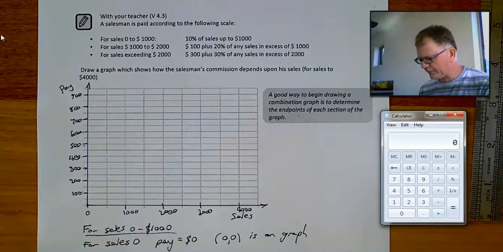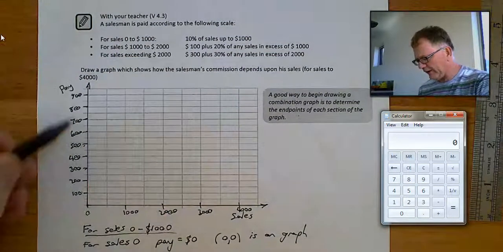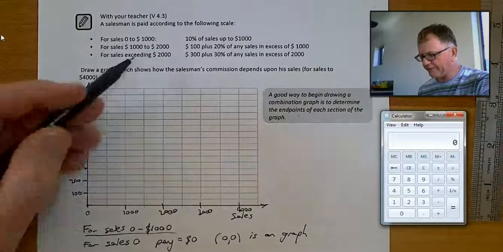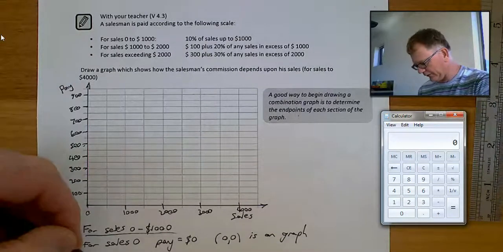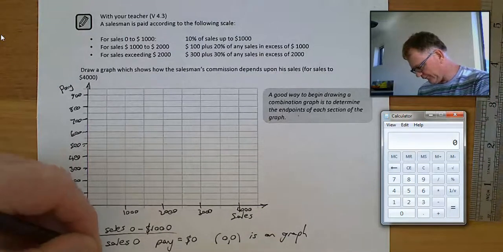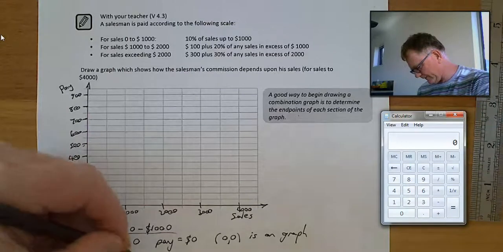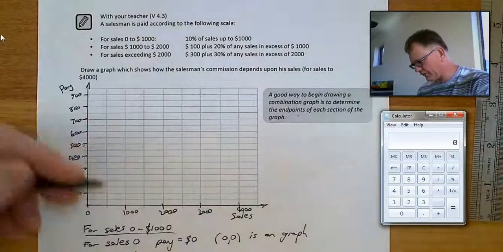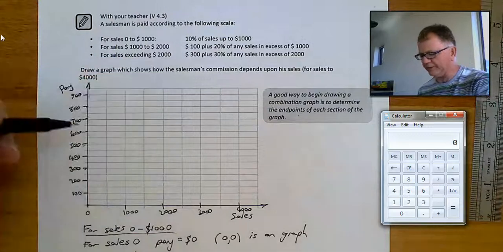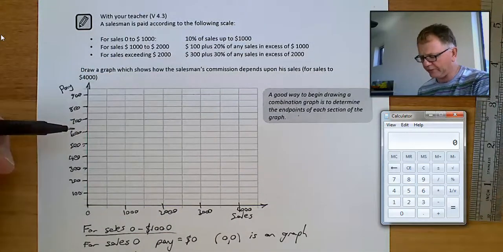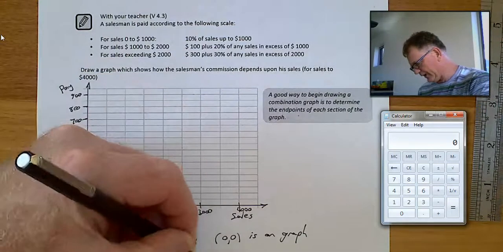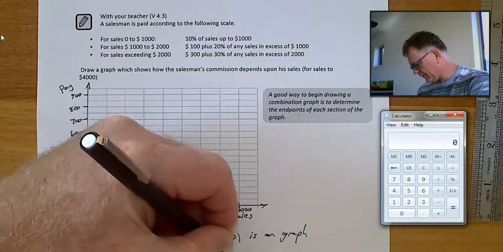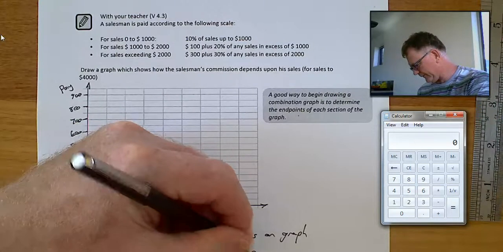What about, according to this first line, what would happen if he earned at the end of that bracket, if he sold $1,000? His pay, according to this, is 10% of anything if he sells up to $1,000. So his pay is equal to 10% of 1,000.